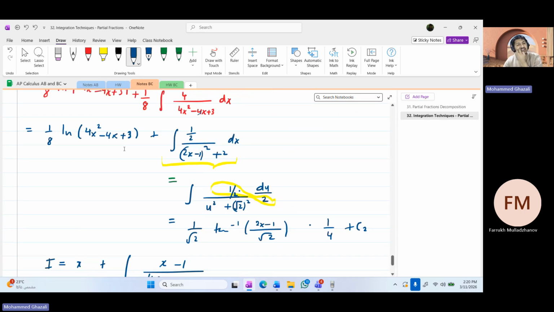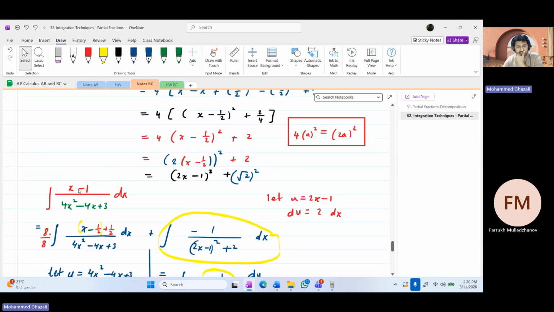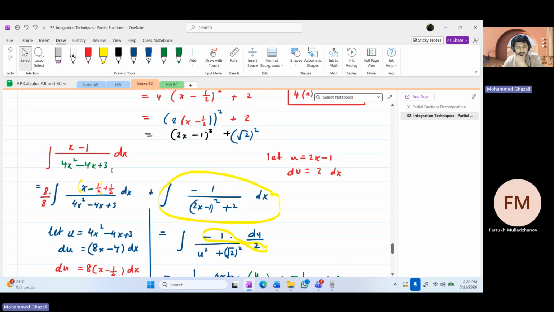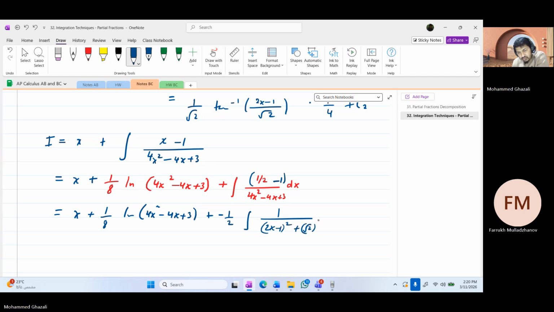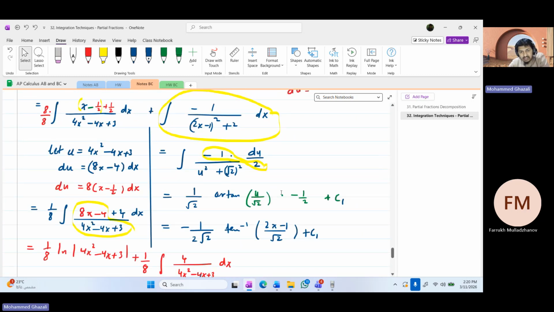I shouldn't have split this up into two parts initially. I should have just worked with the u substitution and then decided which part would be left over. That's what I'm trying to do here. Plus half minus 1 is negative half, integral 1 over, this is square root form, so there's 2x minus 1 all squared plus root 2 squared dx. Remember what we said for this part: this part is all of this.